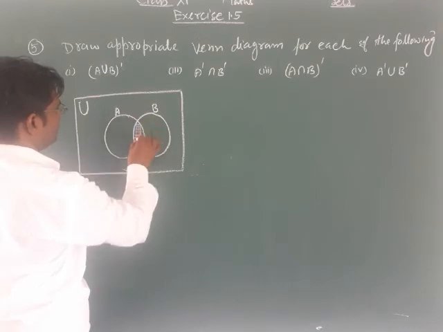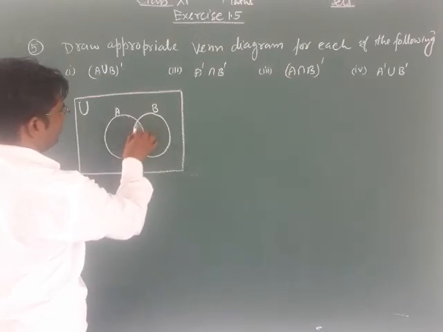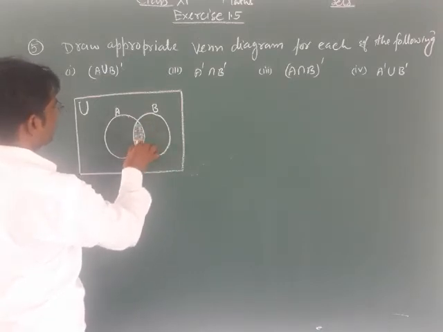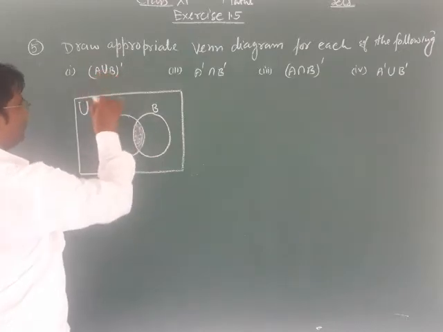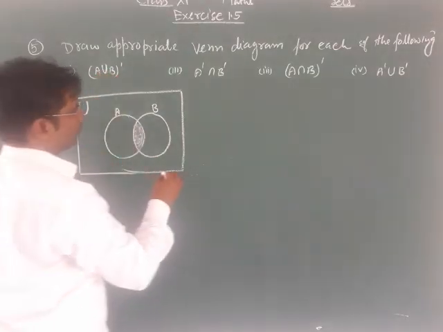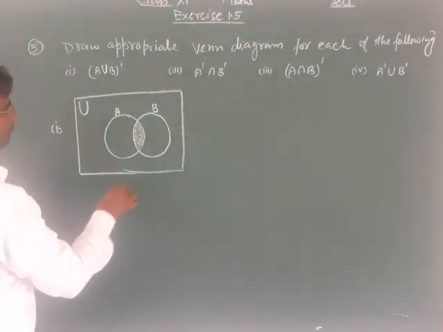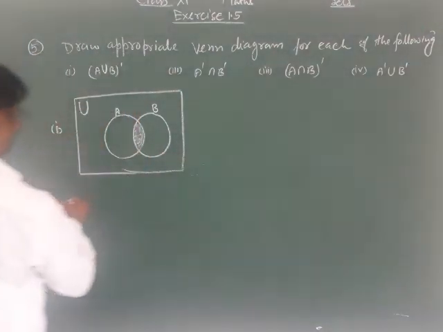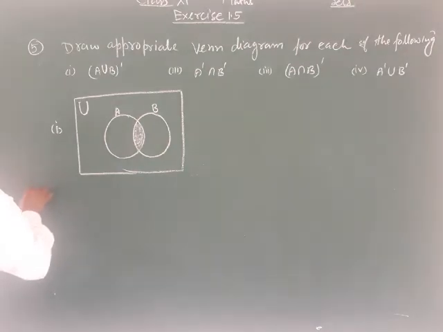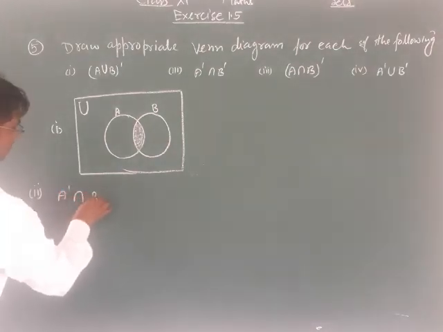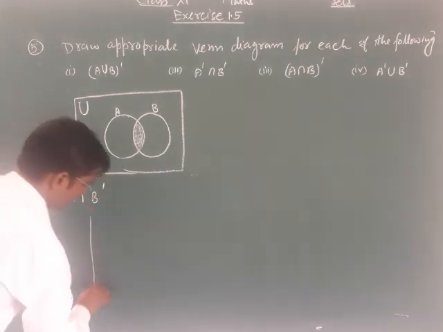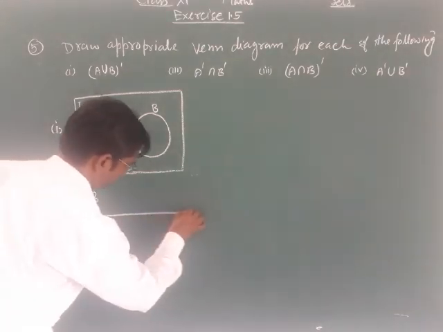So this is complement of A union B. Also, this is the first part and the second part: A complement, B complement. So this is also the same as the first part.